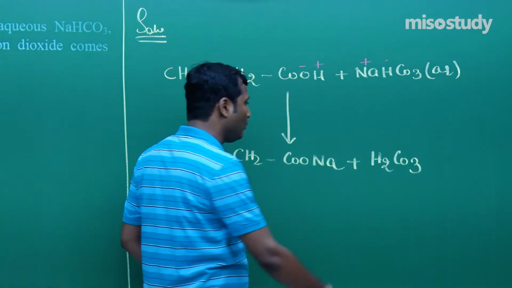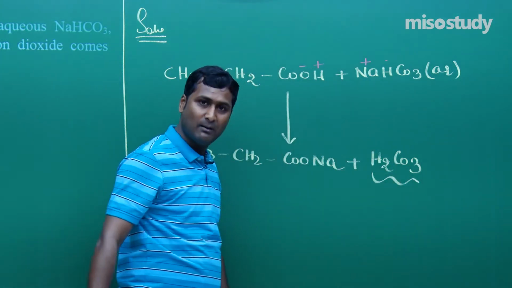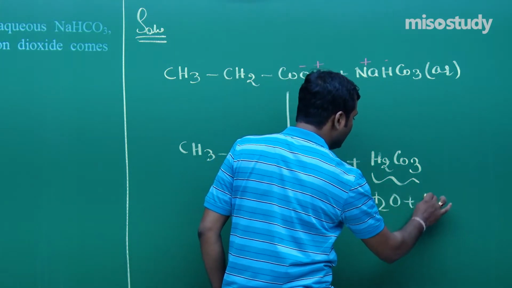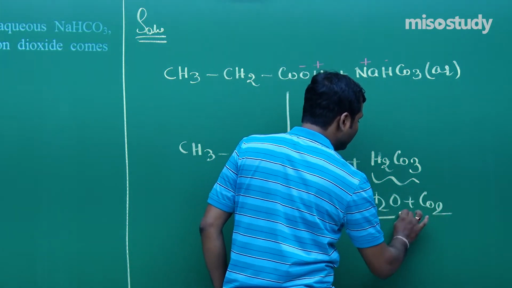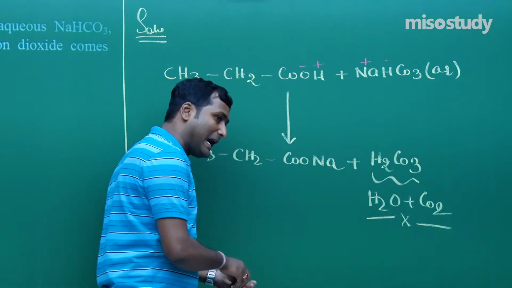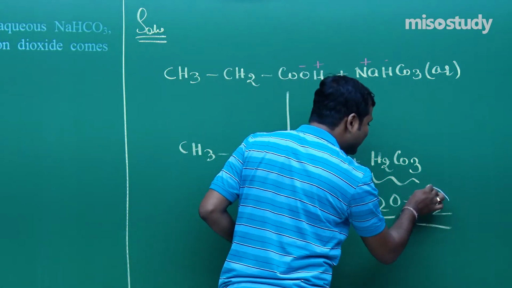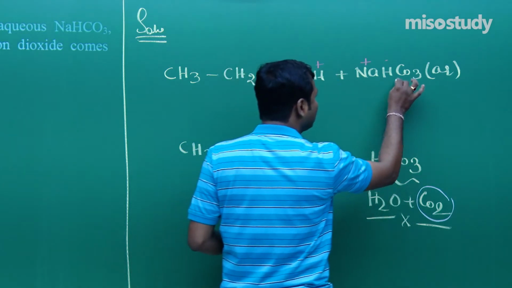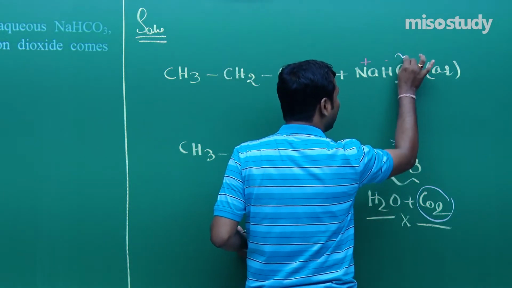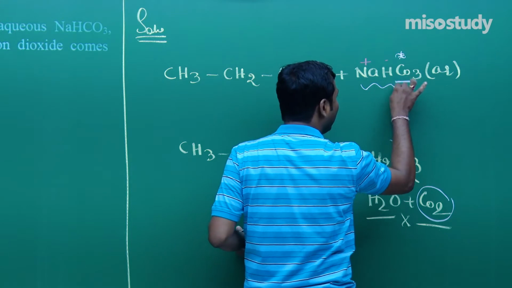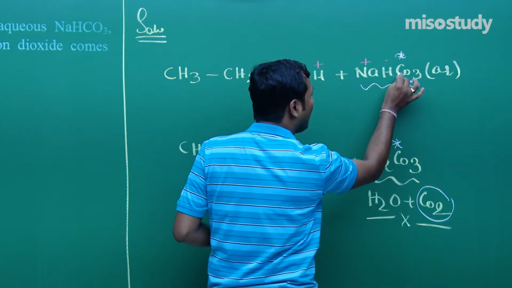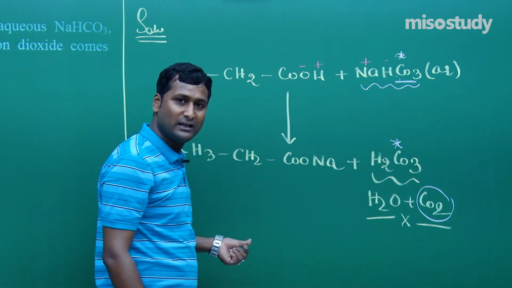As we know, this is an unstable product and it will dissociate and give H2O plus CO2. And this CO2 comes from the carbonate, that is the CO3 here, so we get the carbon of carbon dioxide from the bicarbonate.